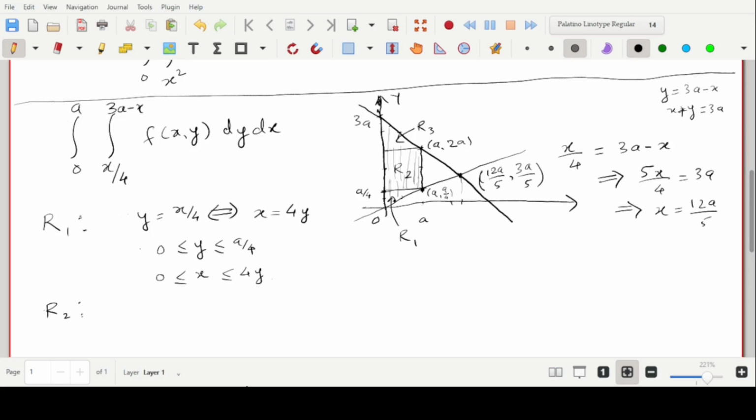So this y coordinate is 2a, meaning that this is 2 times a.